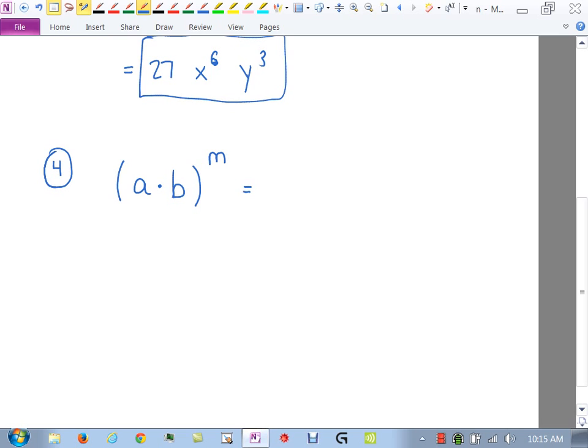Then this should be equal to a raised to the m, and then b raised to the m. Now I'm going to put a little curve here showing you what happens there. But I'm not going to say distribute. I'll just say it's applied to each one of those.